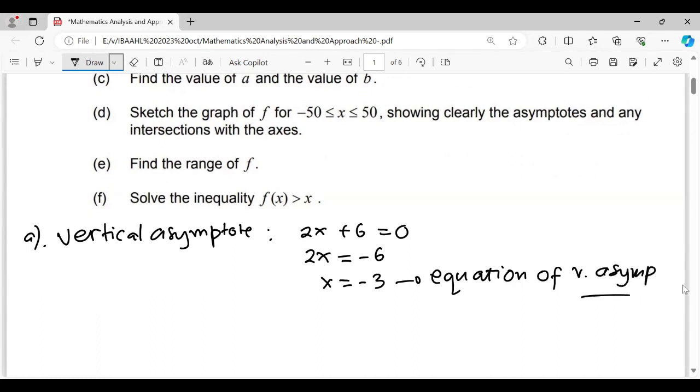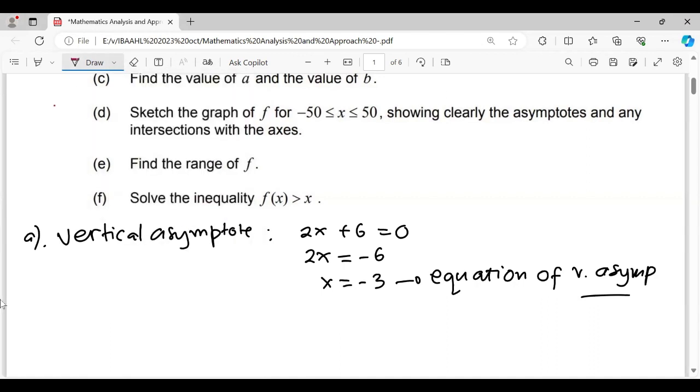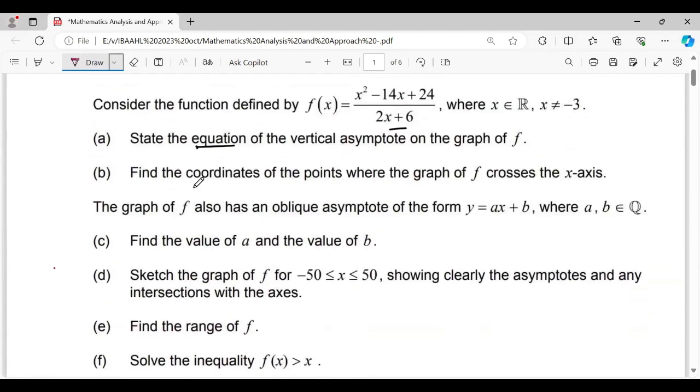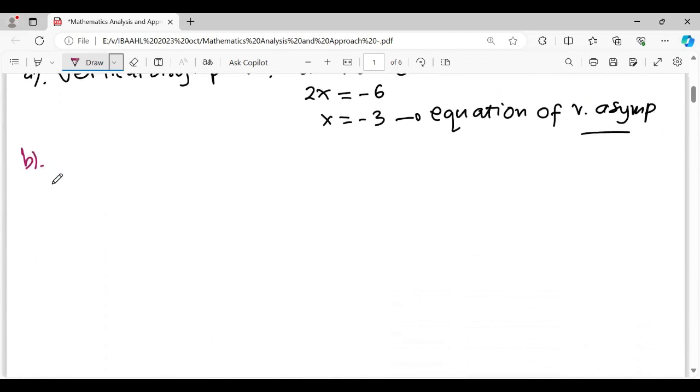Okay, next B. I'm going to change the color first. B. The question is to find the coordinate points where the graph crosses the x-axis.